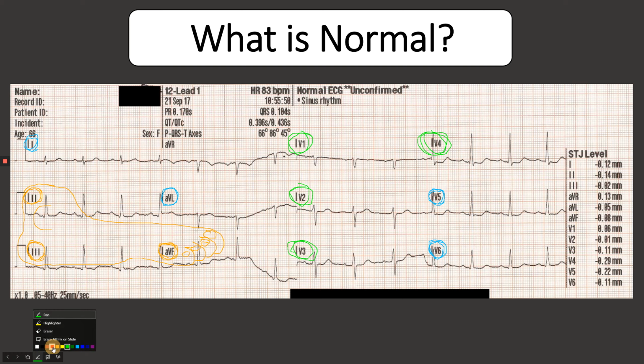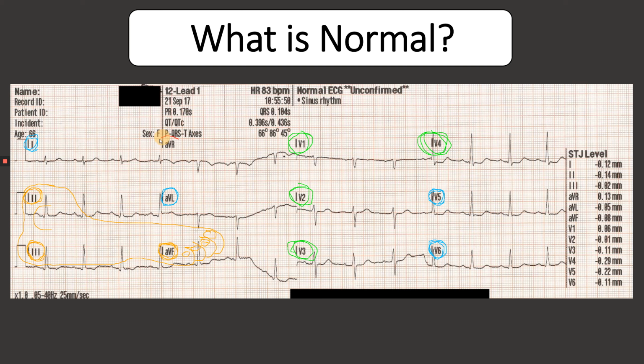This is going to become important later when I talk about looking for heart attacks and stuff like that, because these leads, as they're colored, are what they call contiguous. Contiguous in this context generally means that they are in the same area. They're kind of together, looking at the same place. So just kind of burn it in your brain here.